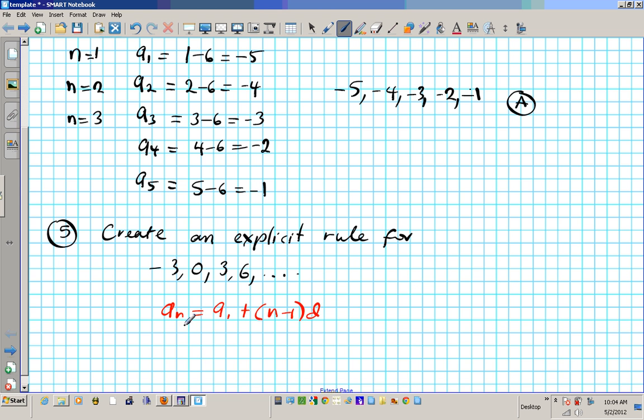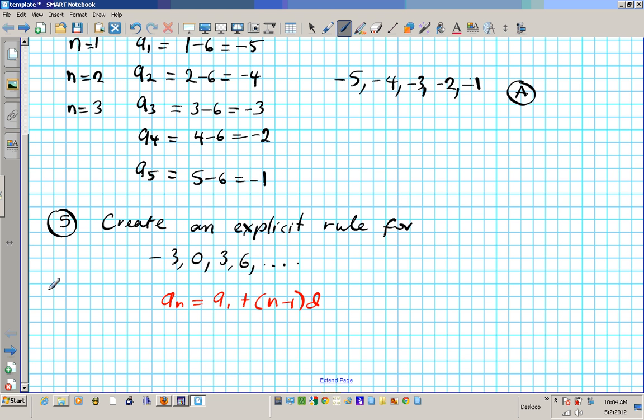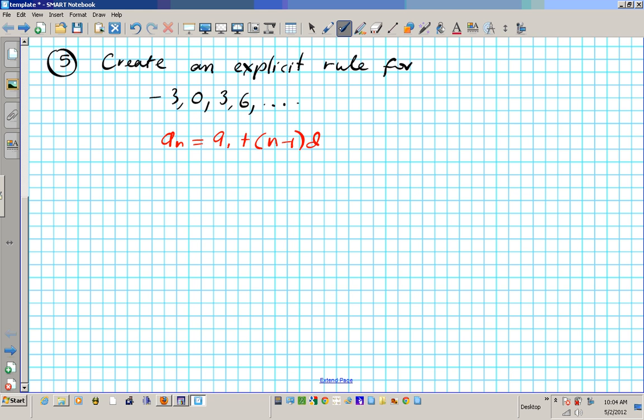Let's see if we have a1, n, and d. A1 is the first term, so a1 is equal to negative 3. N is the number of terms. Since it's the nth term, we just leave it as n. The common difference is what you get when you subtract a1 from a2 or a2 from a3.